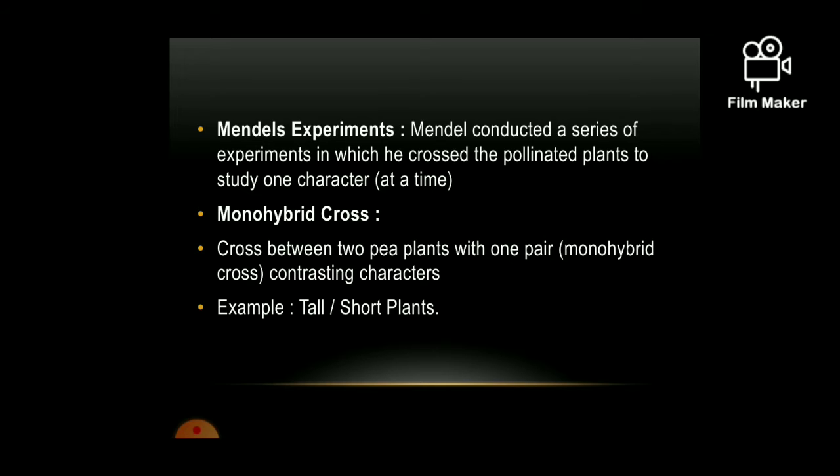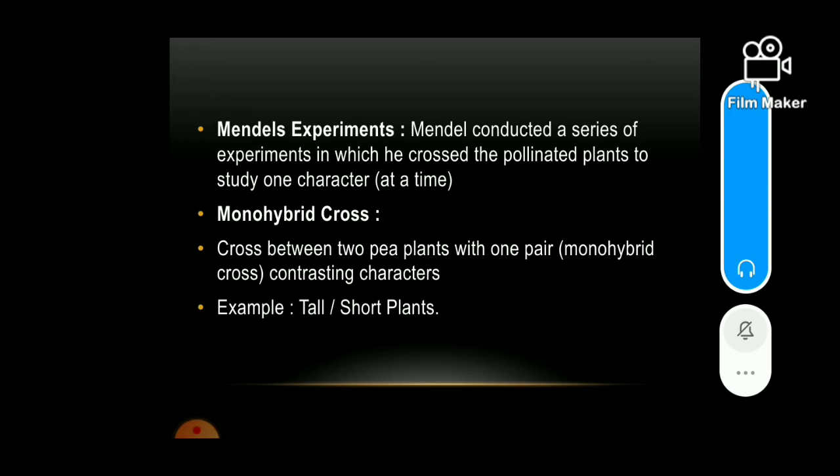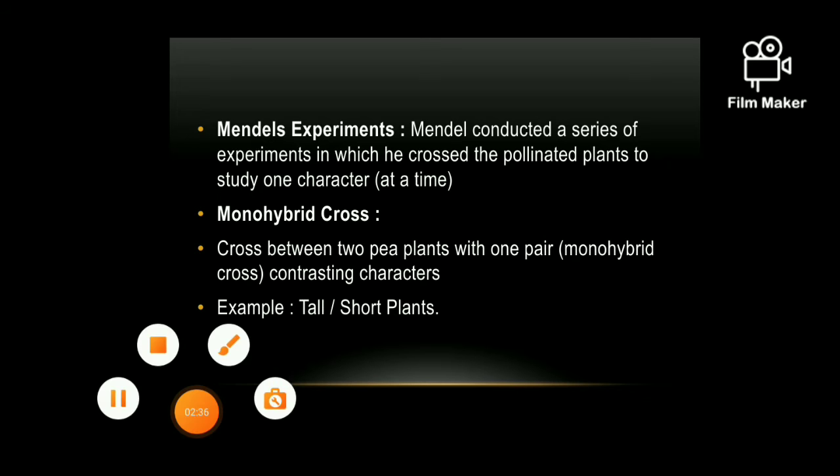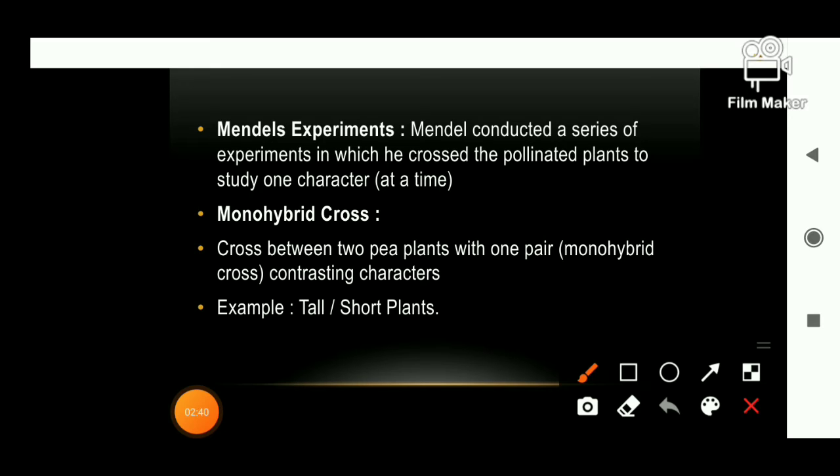Now, next is Mendel's experiment. Mendel conducted a series of experiments in which he crossed pollinated plants to study one character at a time. If one character is taken and studied, then it is called a monohybrid cross.